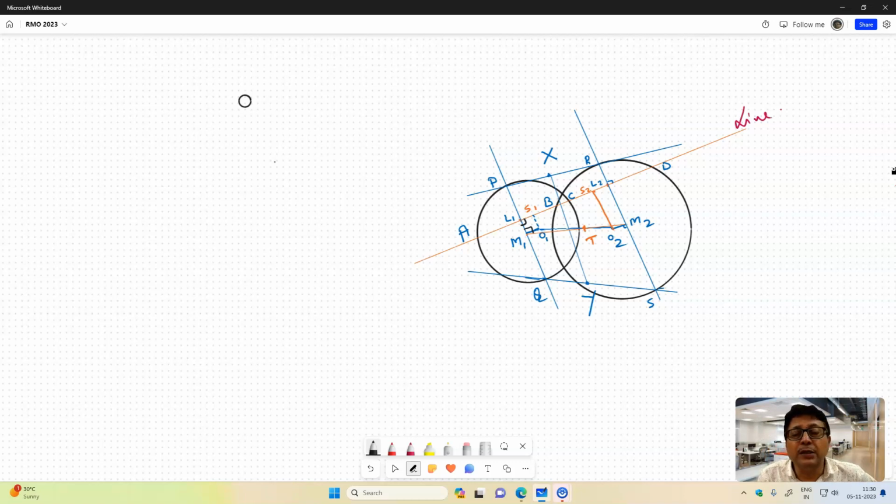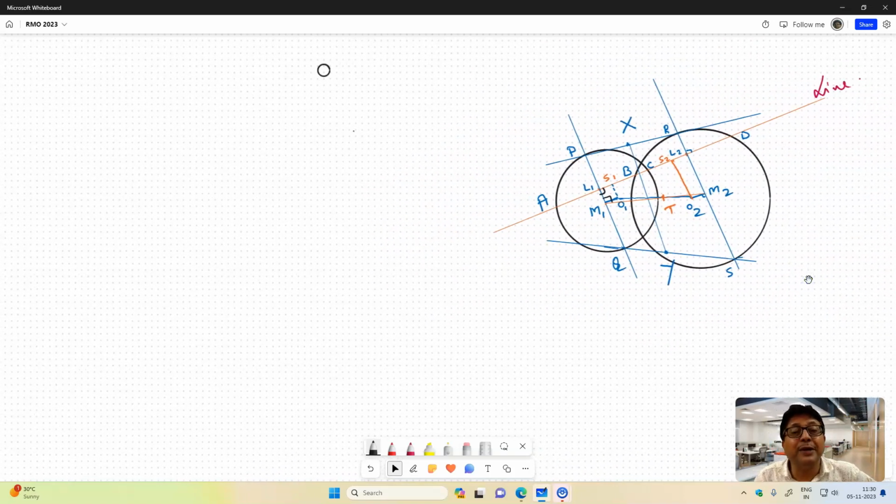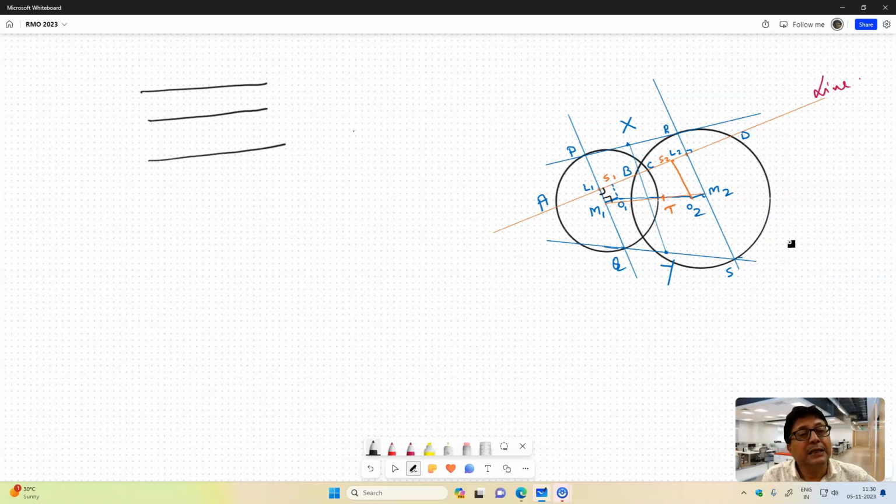Now, I am taking this diagram and telling you again and again, because it is based on a theorem you might have done before, at class 8 level. What is the theorem? If there are three parallel lines, and intercepts of length K1 and K2 are cut on one side line segment by these three parallel lines, then the same ratio is cut on the other line segment as well.